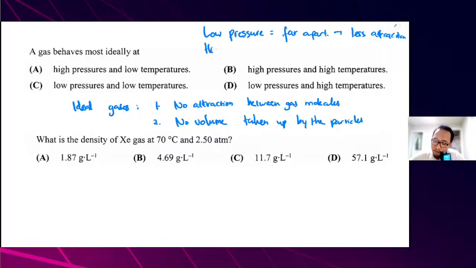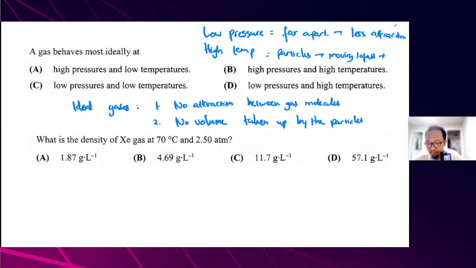And then if we have a condition like high temperature, the particles are moving very fast, so fast.